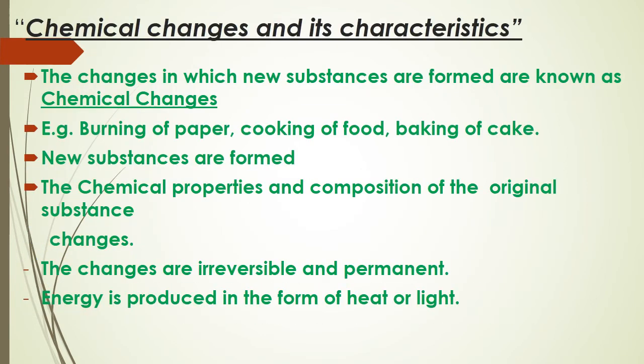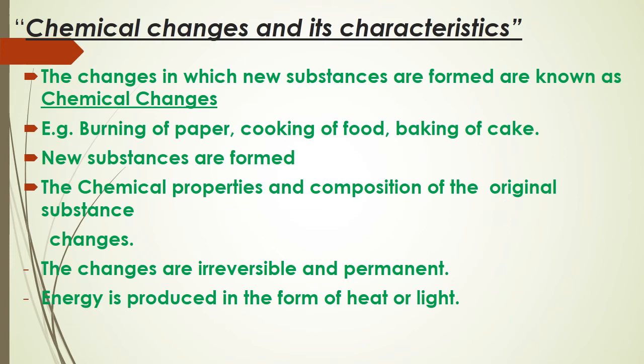The next change that we are going to study is the chemical change. A chemical change is a change in which a new substance is formed. Okay, for example, burning of paper, cooking of food, baking of a cake.